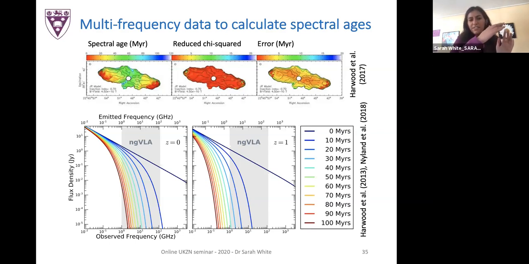And those losses of photons means you're going to have a spectrum that takes on a more and more curved appearance over time. So we can use multiple radio frequency measurements to calculate the typical age of that radio emission.